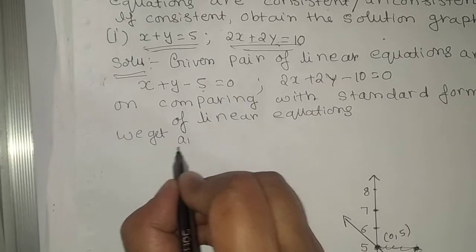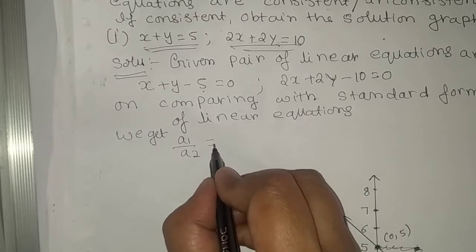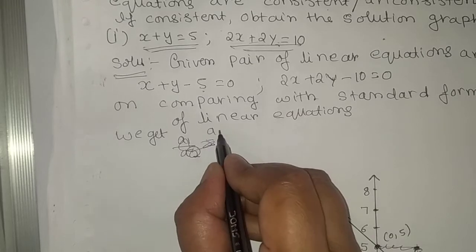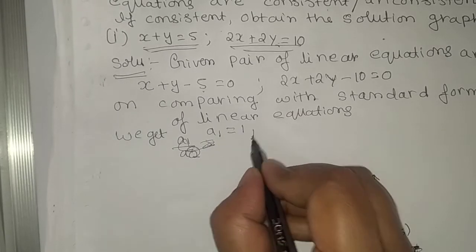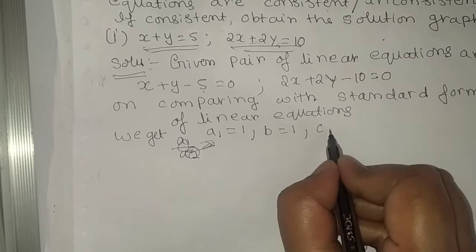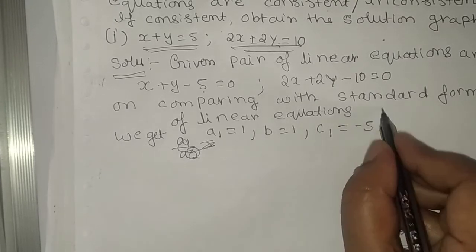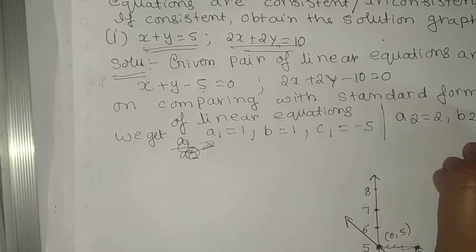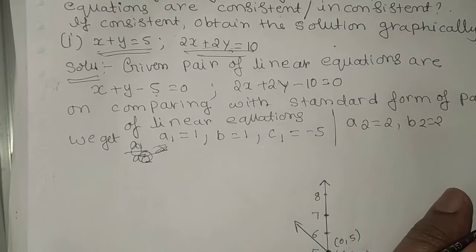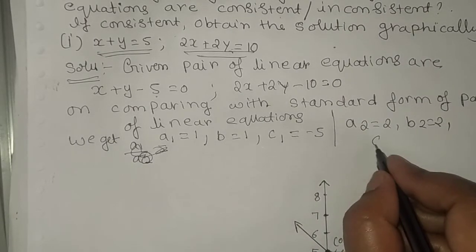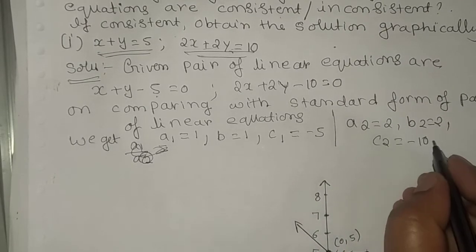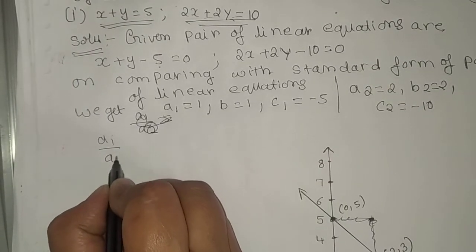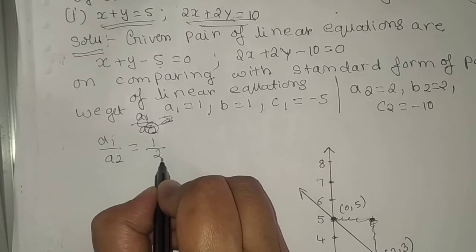First we'll write down A1. A1 is 1, B1 is 1, then C1 is minus 5. Similarly, A2 is 2, B2 is 2, and C2 is minus 10. So now we'll find out A1 by A2 is equal to 1 by 2.